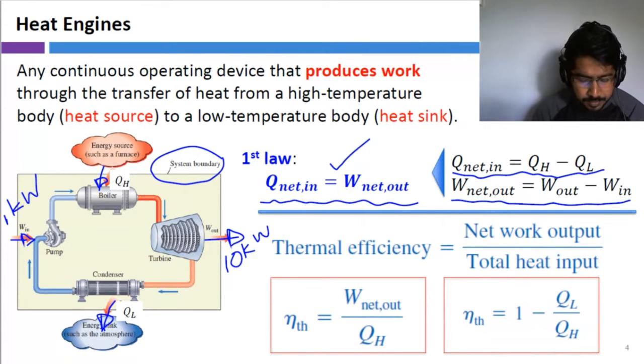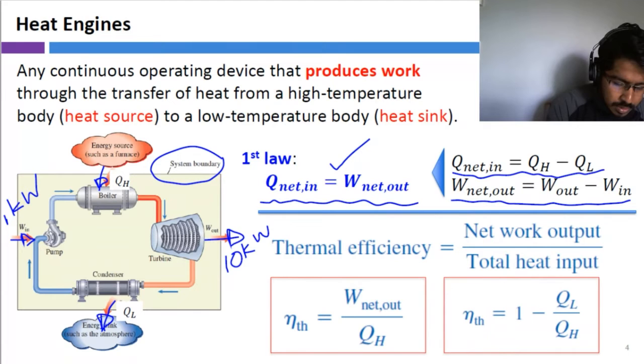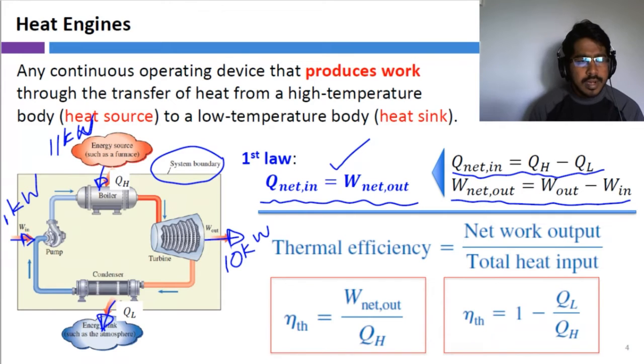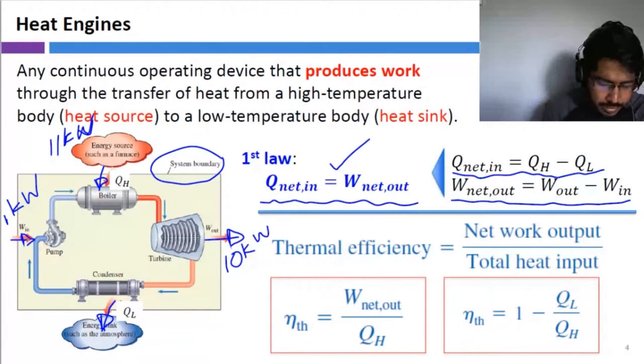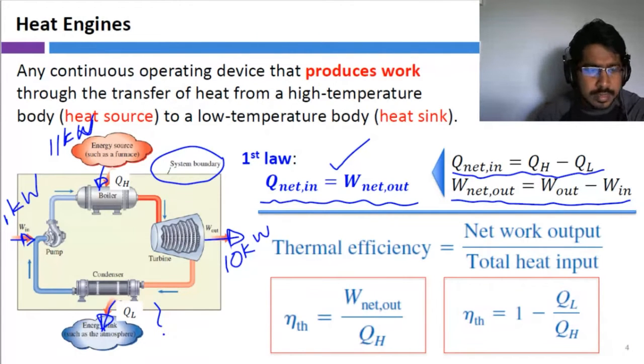And then somebody says this is the steam boiler, added QH 11 kilowatts, right? So how much heat would be rejected to the heat sink? This would be our question now, right?